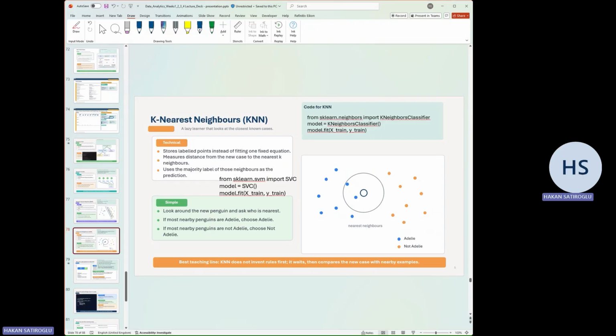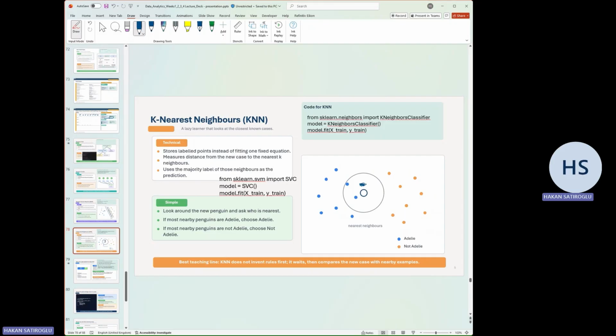The main idea is simple. When a new penguin appears, let's say, because we would like to predict, because this is a new penguin, we don't have an RFID, we don't have a chip under its skin, we don't see anything special, but it is a new one. And KNN looks around that penguin in the feature space and finds the closest known cases. So when you try to estimate, for example, here one of the new penguins, you don't know the species, blue or orange.